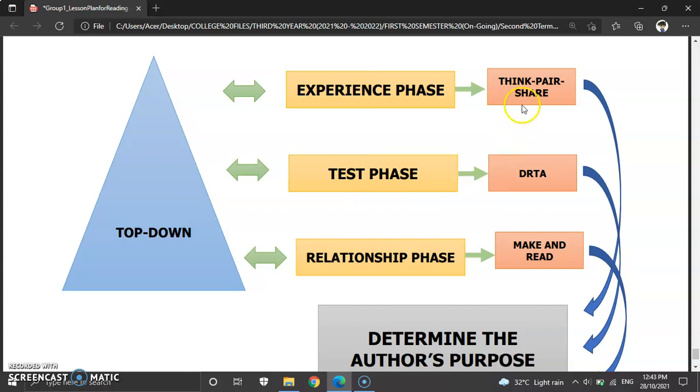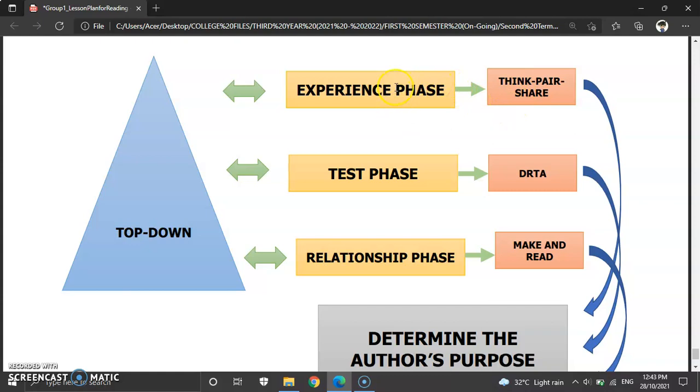The activity itself, the method or strategy, is to share. After they think and find a partner, the students will share what they discussed. So you tap the experience of the student through sharing what they discussed with their partner.